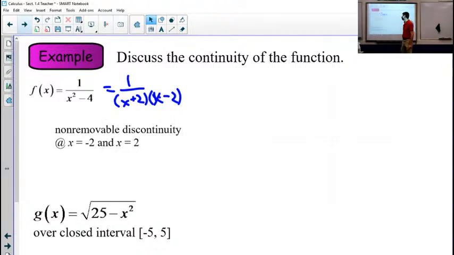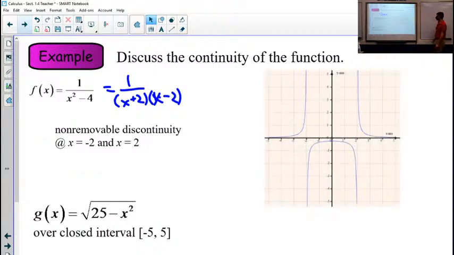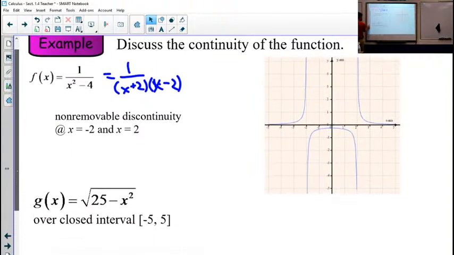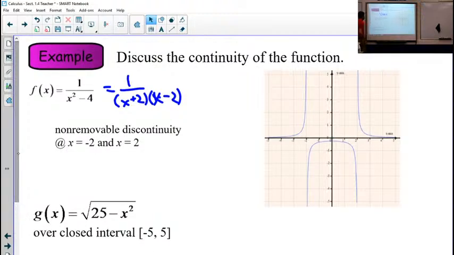Non-removable for vertical asymptotes. So this graph looks like this. Not a hole in the graph anymore. Okay. Next example.